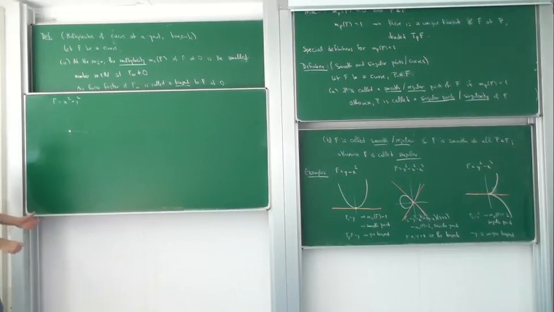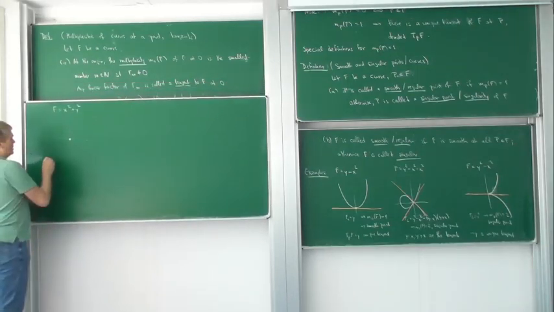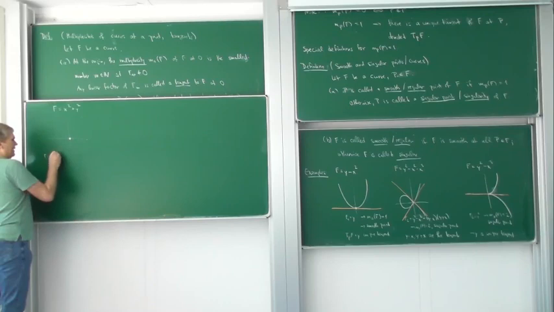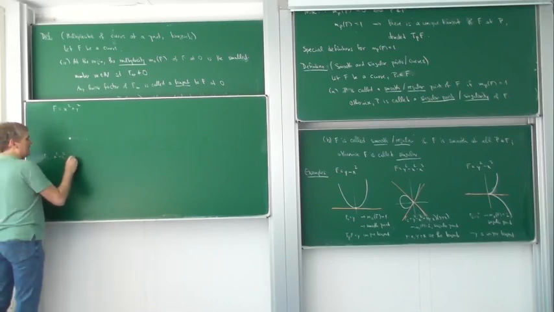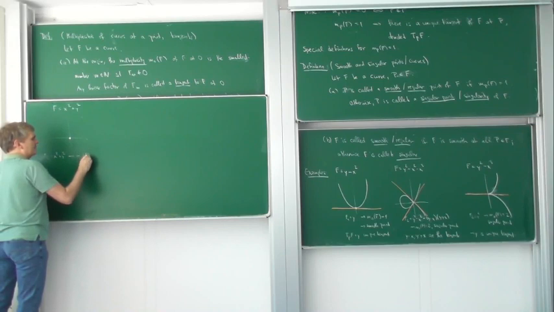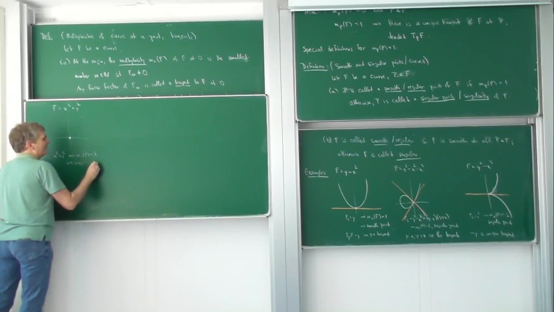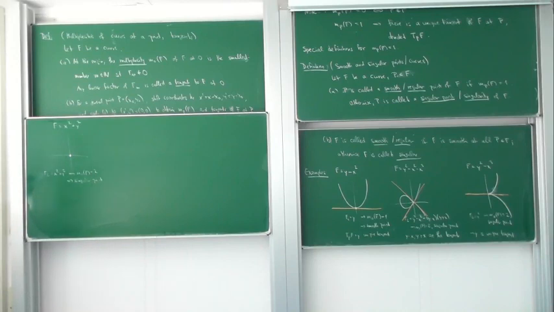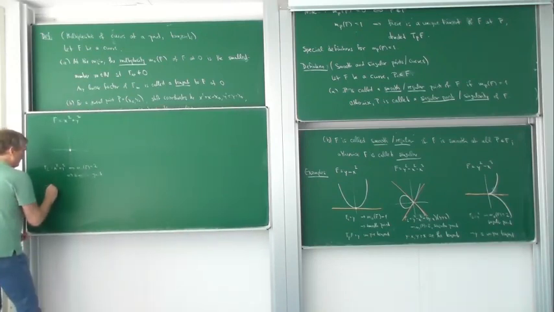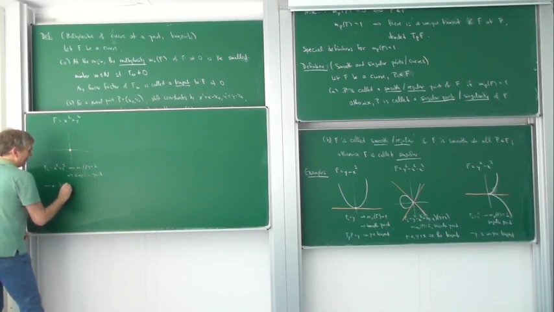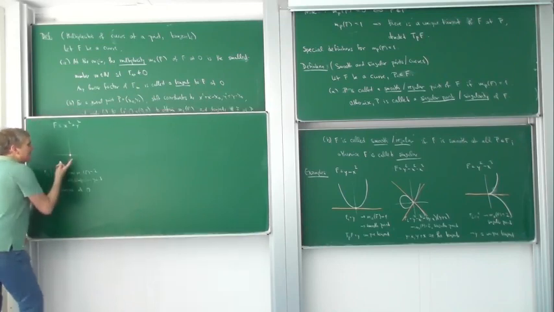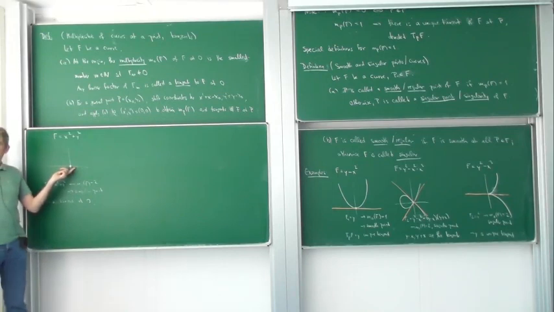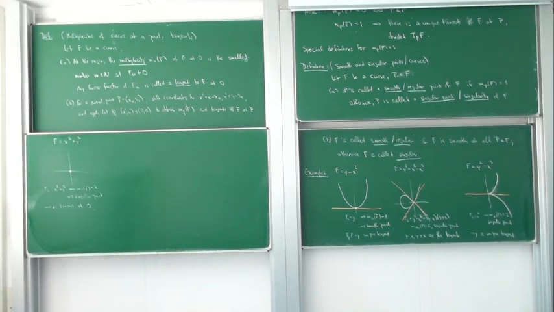If we do it in the same way, the quadratic terms are the lowest, in fact the only ones occurring here. So f2 would be x squared plus y squared. Again, we have multiplicity 2, so we have a singular point. And in that case, this doesn't factor over the reals. This means we have, in fact, no tangent at all. So this might also happen. And that also makes sense geometrically. No line through the origin would be a sensible approximation of that thing. Right? That all makes sense, I guess.